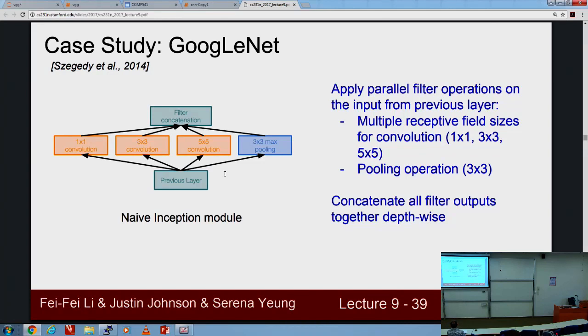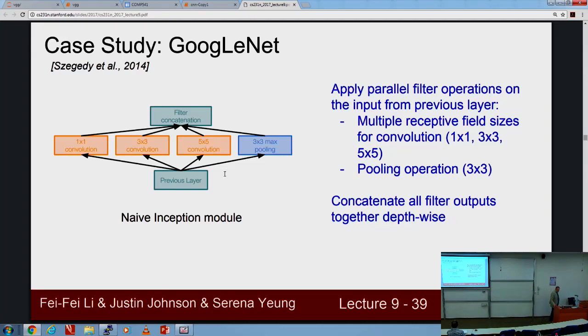Each of them gives you, and you do the padding so that the spatial dimensions don't change, some number of channels with the same spatial dimensions. Then you concatenate all those channels together. So all this information, the results of all these different operations, is kept within the channels of each pixel. That's the original idea.